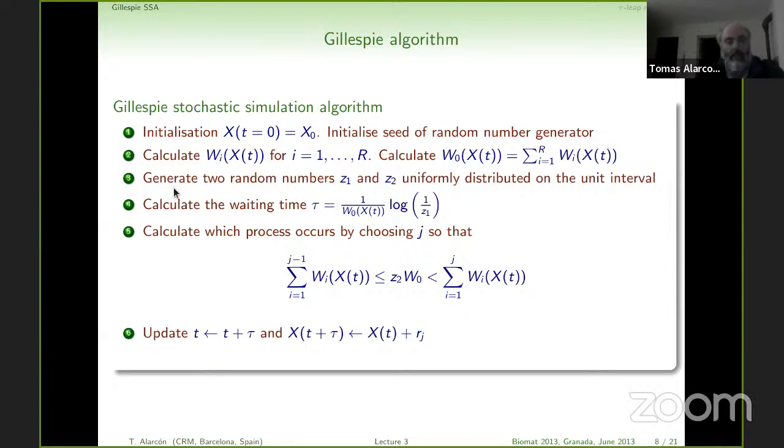The next step is that you generate 2 random numbers from your favorite random number generator. These will be uniformly distributed in the unit interval. Then you calculate the waiting time in this way. This is the way of sampling an exponential distribution.